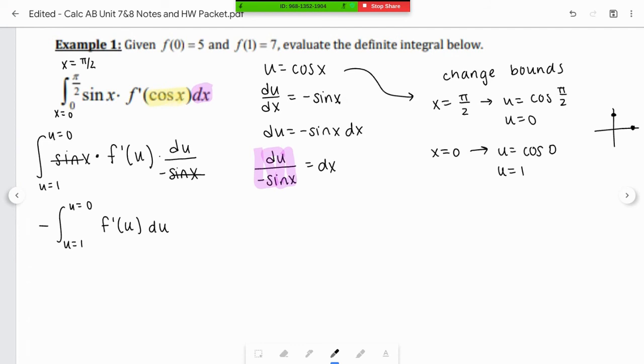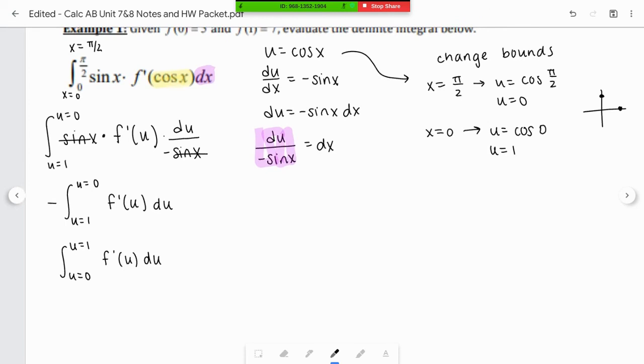This is going from 1 to 0, should be going from 0 to 1. So I'm going to reverse my bounds and pull a negative out. So then I have negative negative integral, so that would be positive integral from u equals 0 to u equals 1 of f prime of u du.